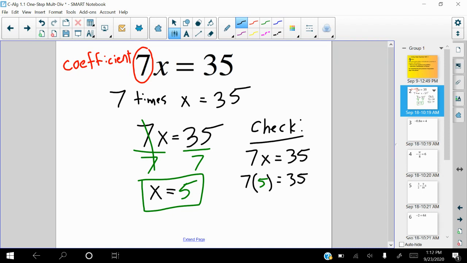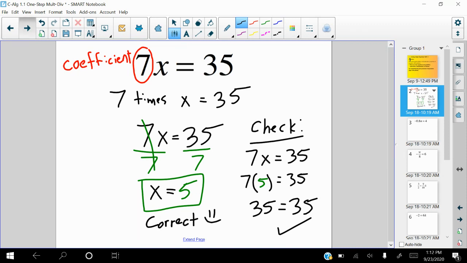Well, what is 7 times 5? Well, 7 times 5 is 35. So we simplified the left-hand side. The right-hand side, oops, sorry about that, is already simplified. So 35 is equal to 35, meaning that our answer of x being 5 is correct.